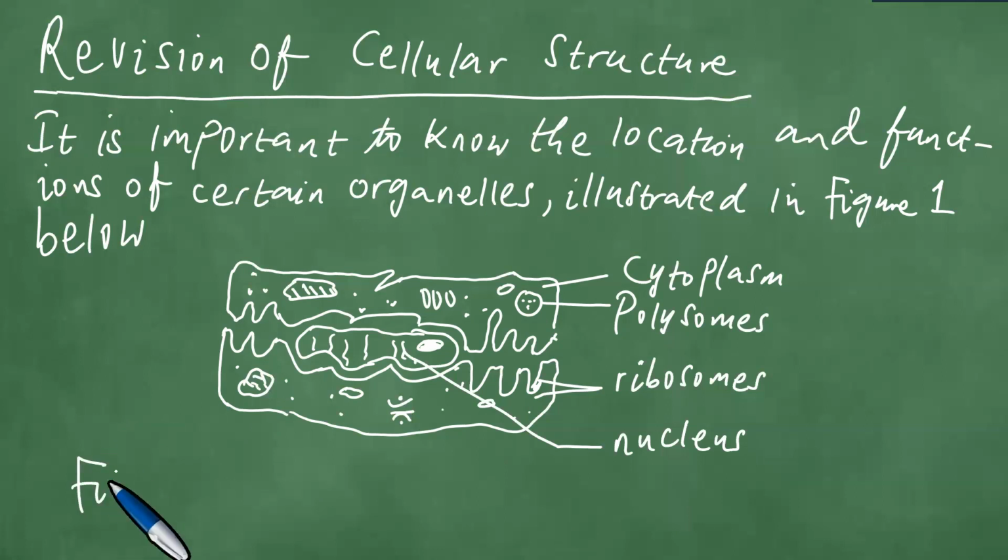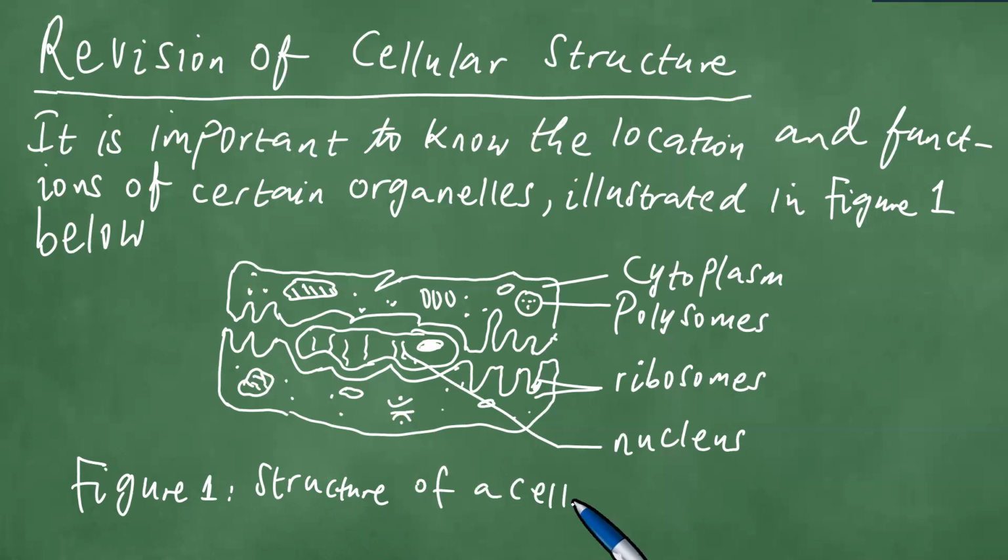We call this figure 1, and figure 1 is called the structure of a cell. We are yet to look at this structure in detail, but this is just the revision of the cellular structure. Now we're going to discuss parts of the cellular structure.